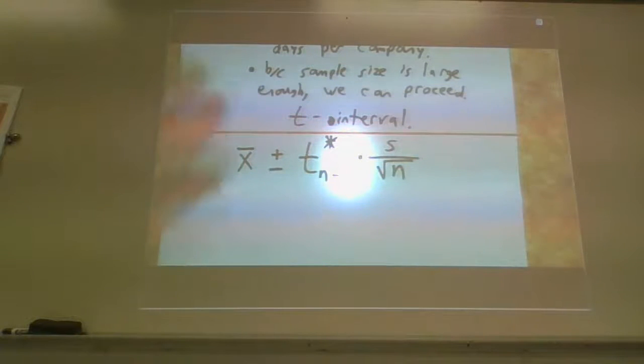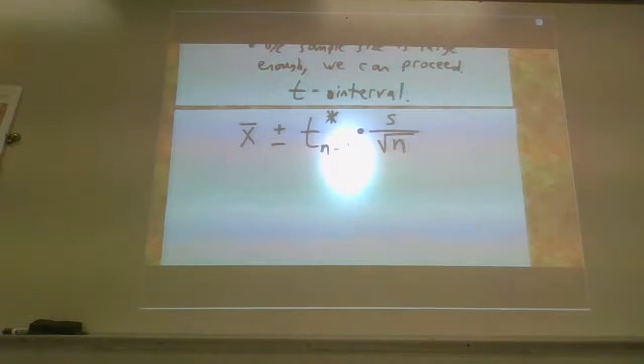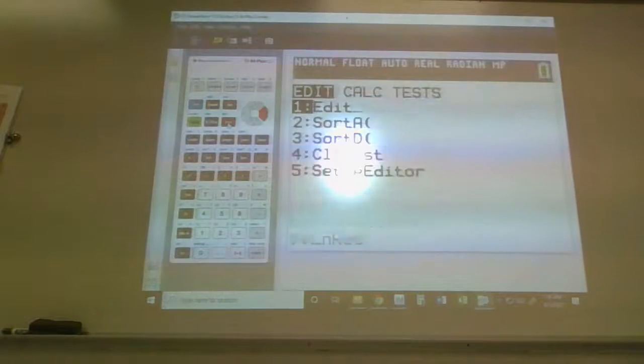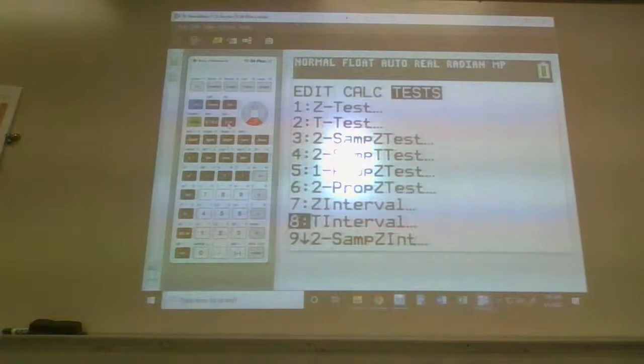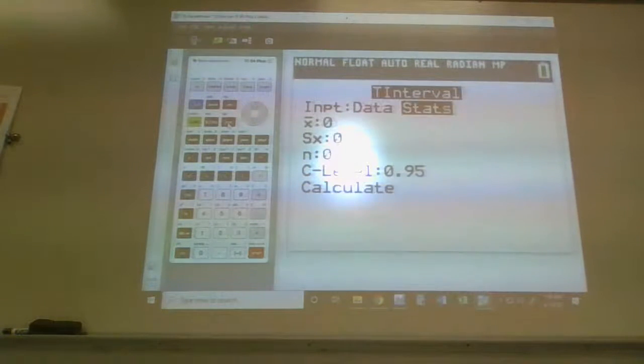So I'm going to have to calculate this. I'll go to my calculator on my computer. I'm going to go t interval. There we go. I have stats. I don't have data. I have an x-bar of 22. I have a sample standard deviation, notice the S, of 9. And I have an n value of 60.